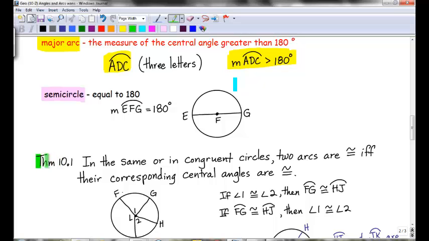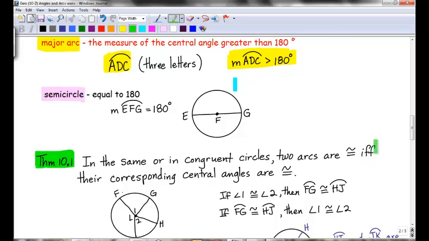Theorem 10.1 says, in the same or in congruent circles, 2 arcs are congruent if and only if their corresponding central angles are congruent. IFF means if and only if.